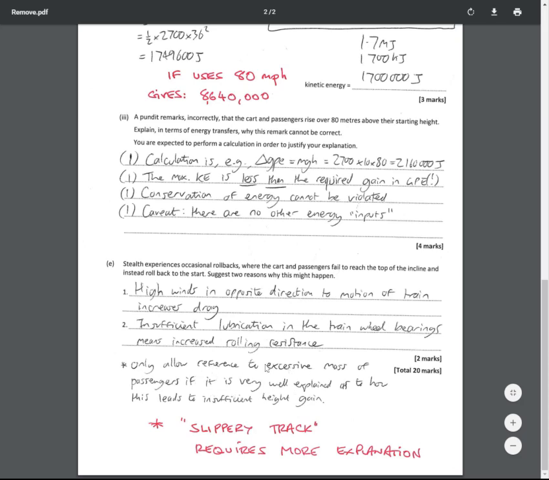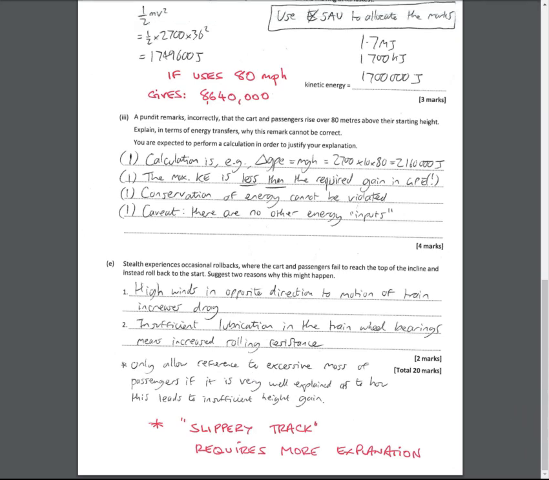If you talked about additional mass of passengers, that didn't get you the mark unless you explained that that would be why the acceleration wasn't sufficient. 1 or 2 of you suggested that it might have a slippery track. Of course, actually, if the friction on the track was lower, the height that the truck would get to would actually be higher, so it would be more likely to make it over the top of the incline.